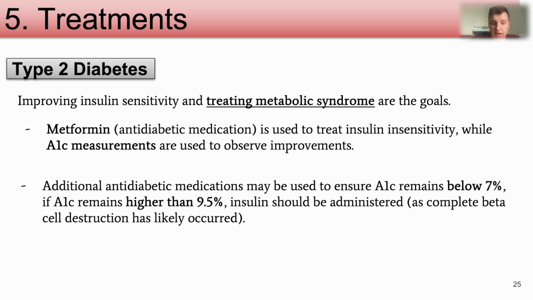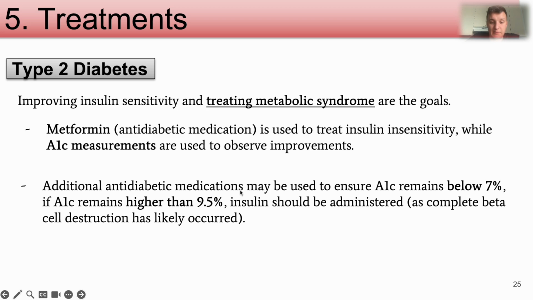In type 2 diabetes, the goals are improving insulin sensitivity, because you need to make those cells be more sensitive, and treating those metabolic disorders. So metformin is an anti-diabetic medication, and we use it to treat that insulin insensitivity, while A1C measurements are used to observe improvements if things are going well.